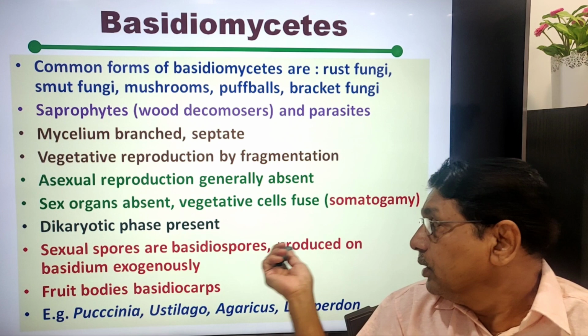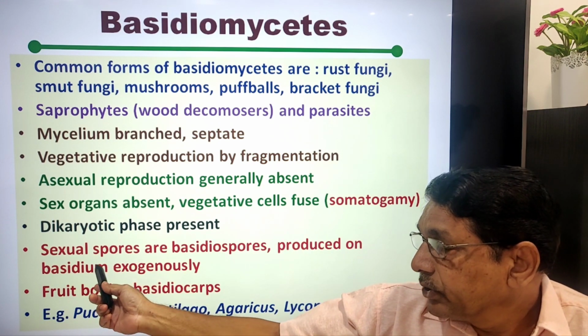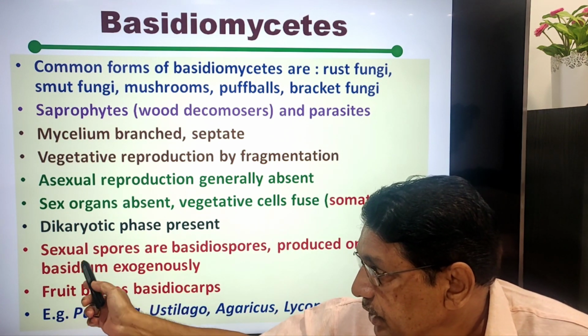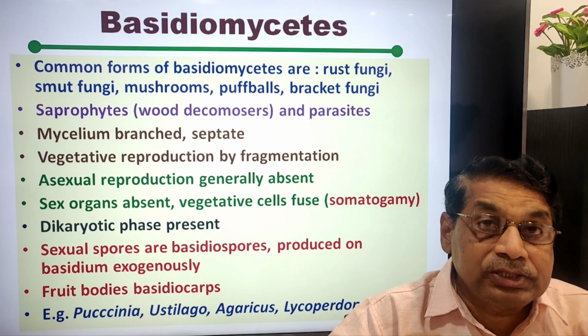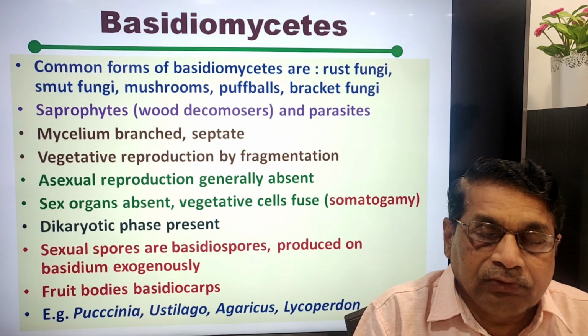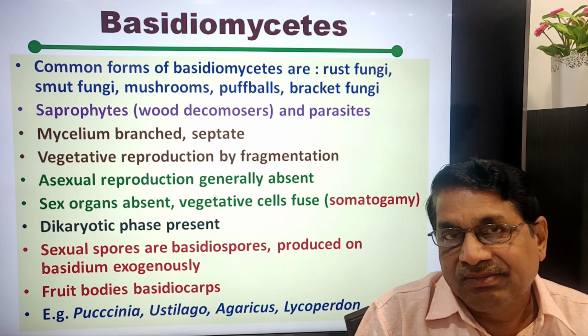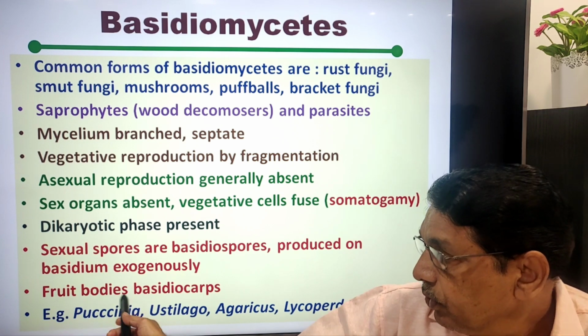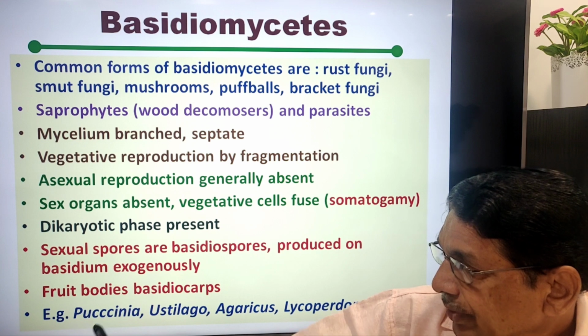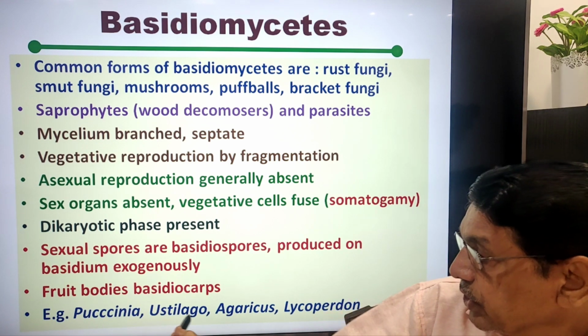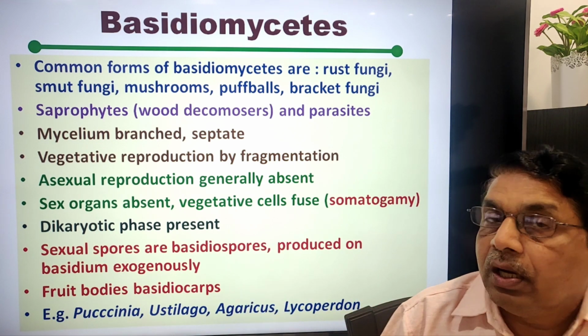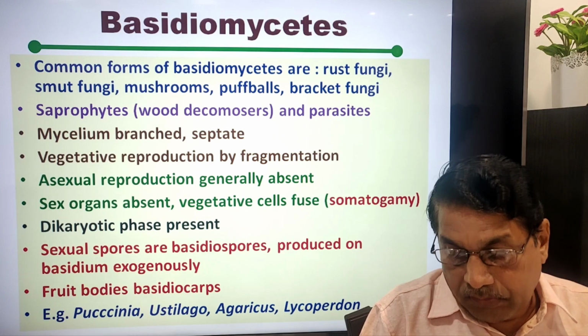Here, basidium. Basidiospores are produced exogenously on the basidium, whereas ascospores are produced inside the ascus. Fruit bodies, basidiocarps. Good examples: Puccinia, Ustilago, Agaricus, Lycoperdon.